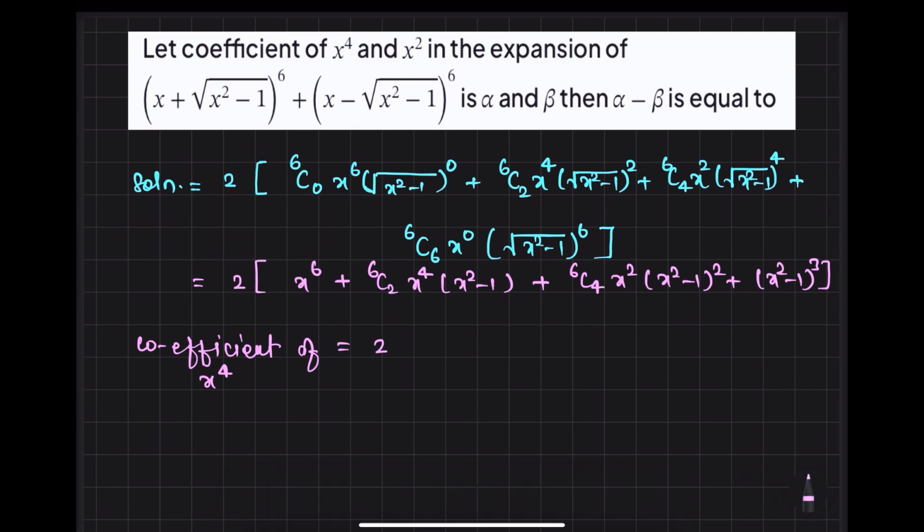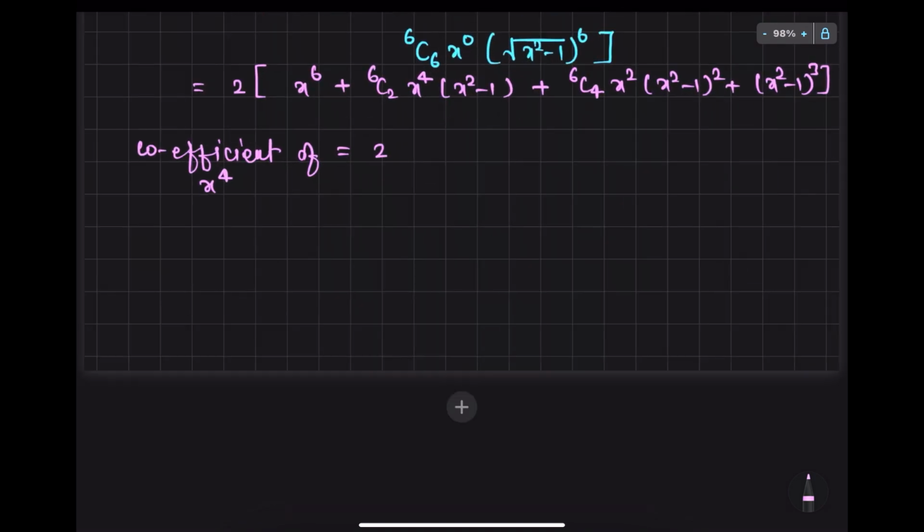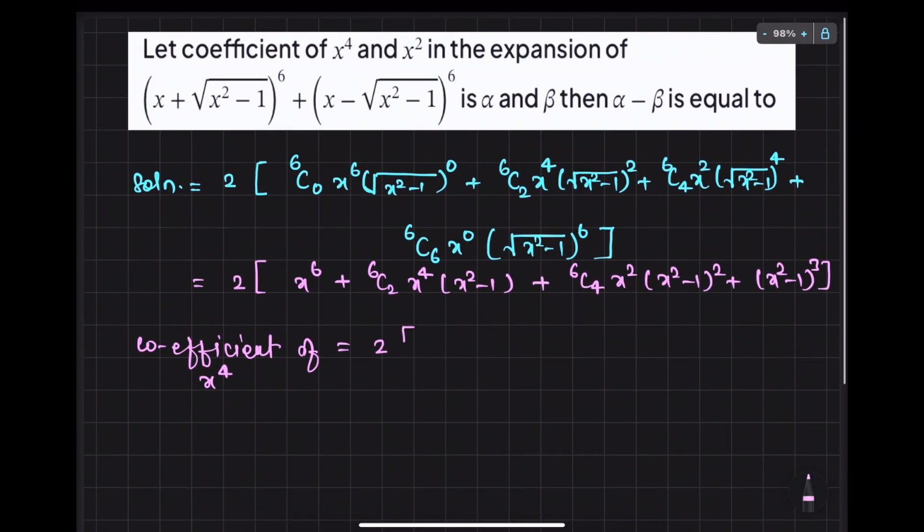So you know that it will be 2 times. Now we will try to find out the coefficient of x power 4. Now do you think from here you will have the coefficient of x power 4? No, you will never, because it is x power 6, correct na? So this thing is gone. Now focus on this term. If x power 4 is multiplied with x square, you will have x power 6. But if x power 4 is multiplied with minus 1, you will have x power 4.